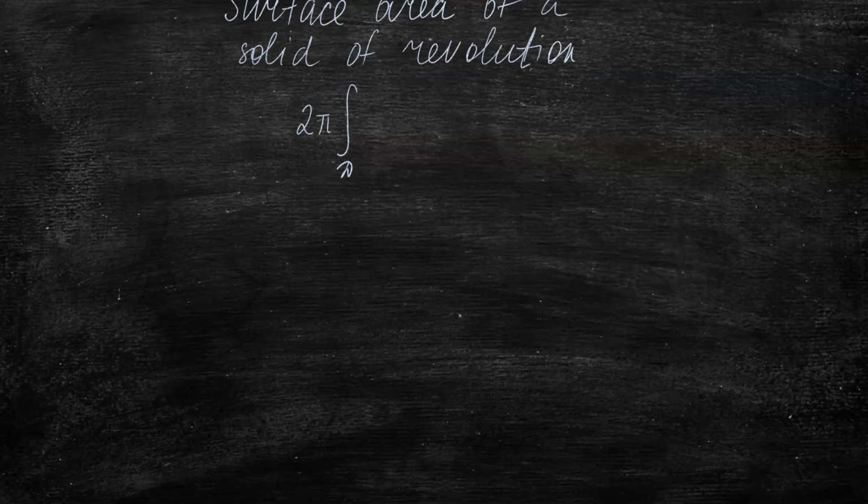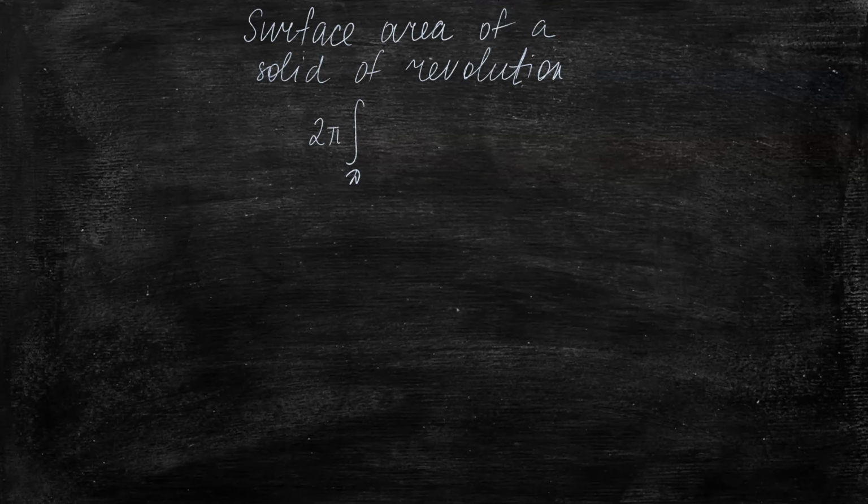We have 2 pi, and we have an integral over some domain, depending on what type of surface you're dealing with, and what goes inside, we remembered it as r, as a radius, ds.